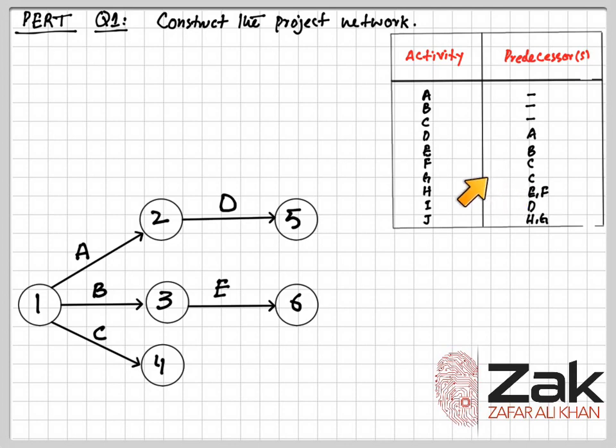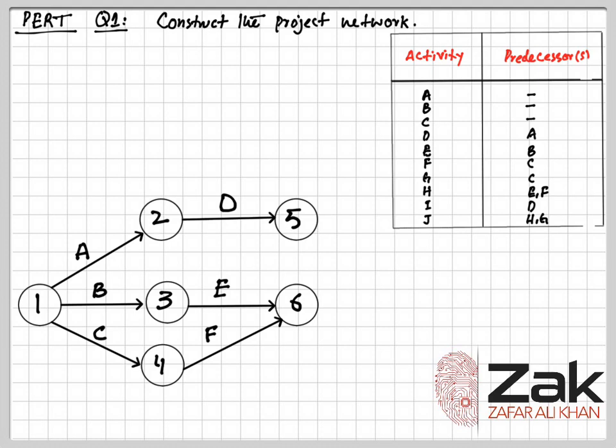Now for activity F. Activity F starts when the activity C ends, but over here in the column of predecessors we can see that activity F ends along with activity E. So that means that E and F will be ended at the same node.